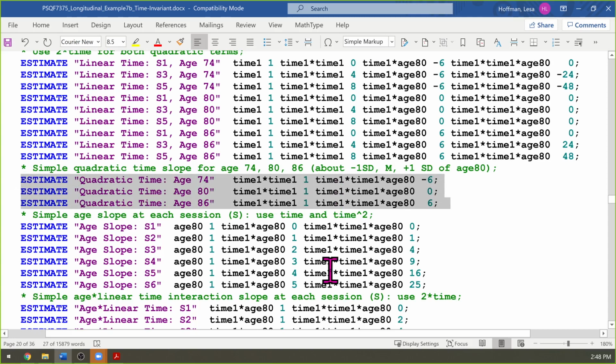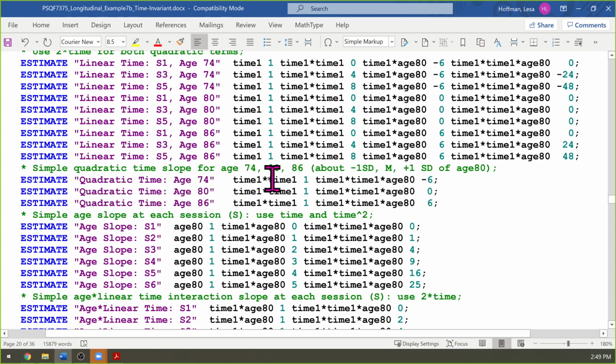This term, though, is relatively easier because I'm estimating what the quadratic slope would be for different aged people. So then the same rule applies. Find all of the terms that have the quadratic slope and put them in here. Only terms that have the quadratic slope go in here, though.